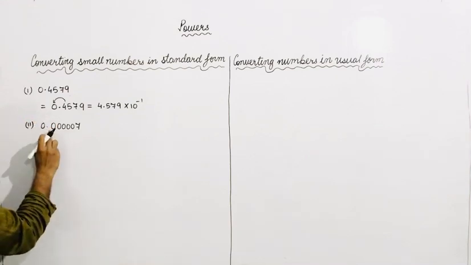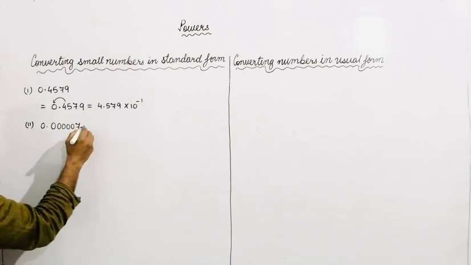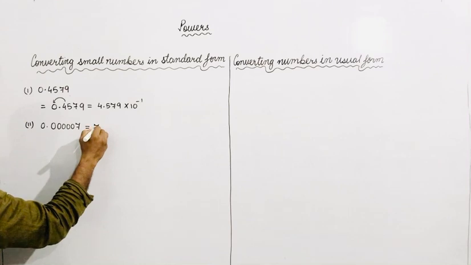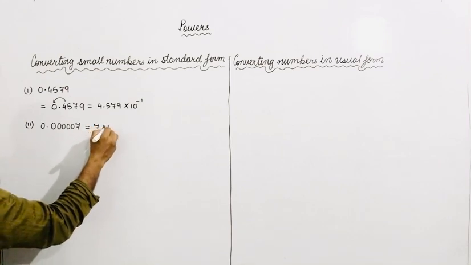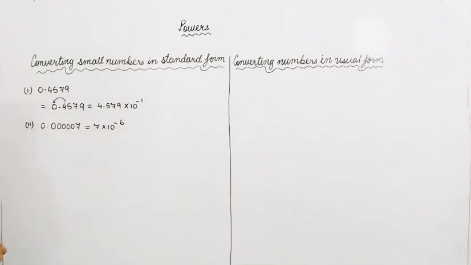So how many places are there? 1, 2, 3, 4, 5, 6. So you have to raise it to the power minus 6. So it becomes 7 into 10 to the power minus 6. You need to bring only one number before the decimal. Now let us take the next question.